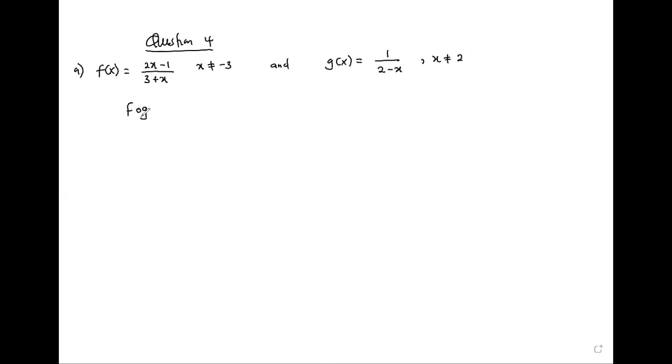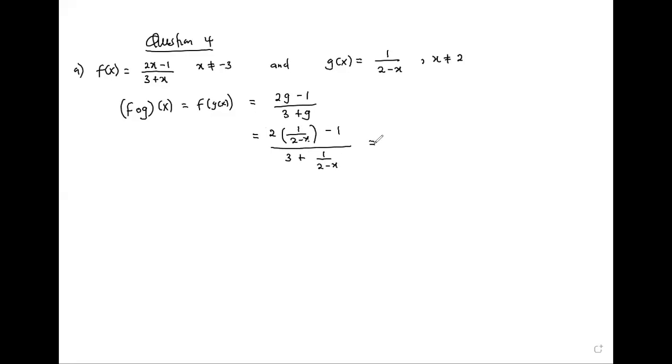So f of g of x is the function f of g, meaning in f, where there is x, we put g over 3 plus g. So g is 1 over 2 minus x, minus 1, over 3 plus 1 over 2 minus x.